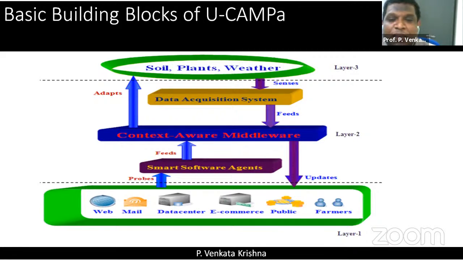So this is one simple system where IoT, cloud, edge computing, big data analytics, artificial intelligence, and expert systems all have a role to play in this ecosystem of building a context-aware model or middleware for developing precision agriculture. This is a simple scenario, and the architecture is named U-CAMPa.